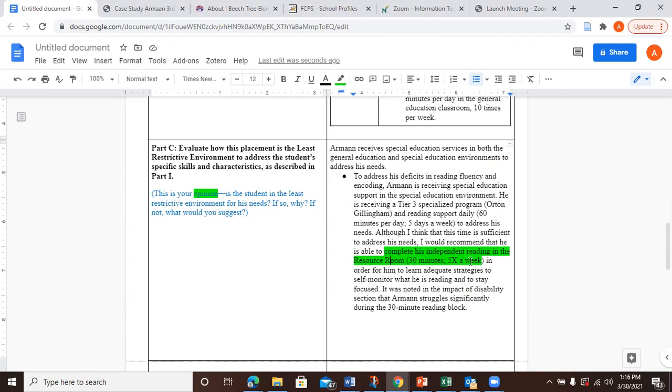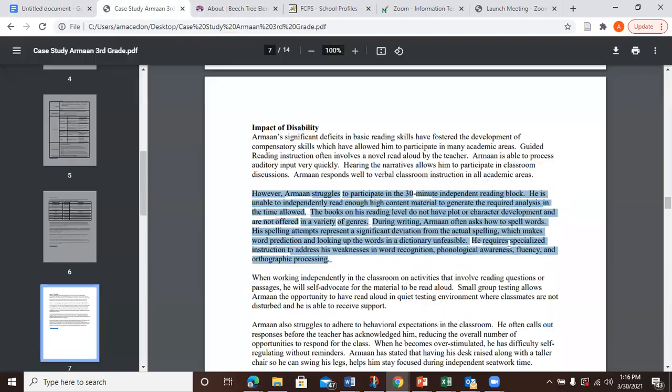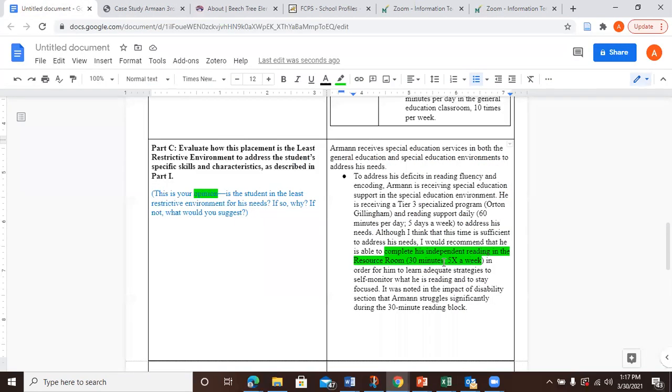That would be 30 minutes, 5 days a week, in order for him to learn adequate strategies to self-monitor what he's reading and to stay focused. Because again, we want to pull this information from that. He is unable to read enough high content material to generate the required analysis in the time allowed. So he would be able to learn strategies to self-monitor what he's reading and to stay focused. I got this information from the impact of disability section.